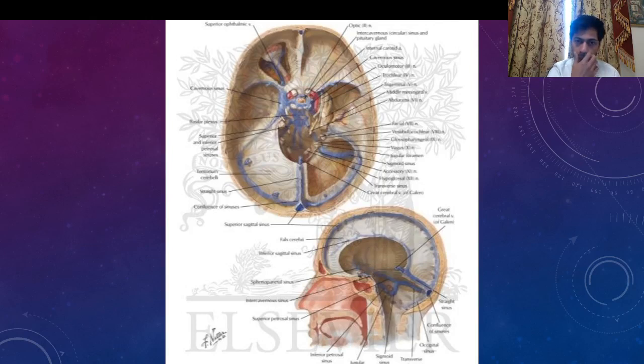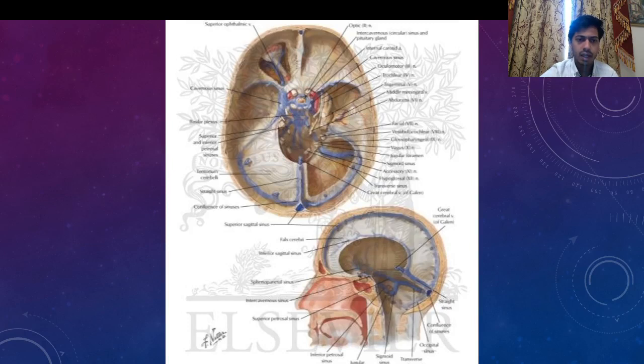So we've talked about the arterial blood supply of the CNS. So now we will talk about the venous supply, or the dural venous supply.